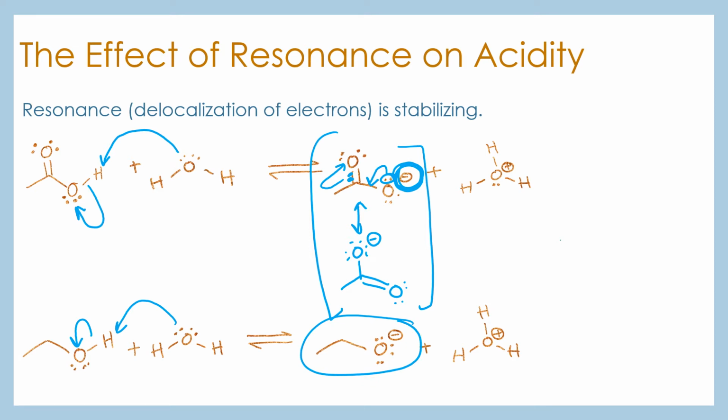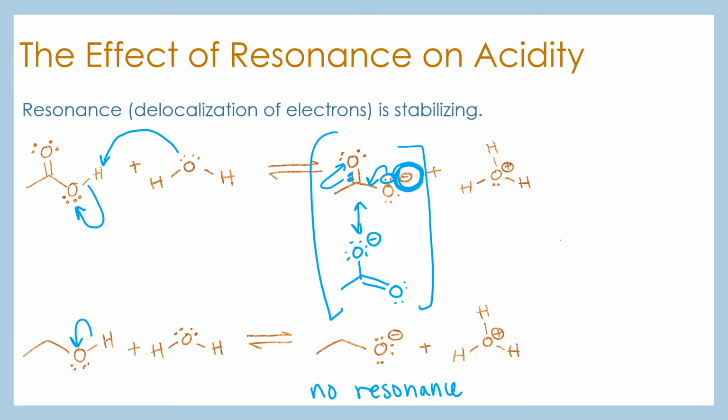And ethoxide does not have any resonance forms, and therefore there is nothing to help stabilize it. That doesn't mean that ethoxide is completely unstable and never ever going to form. You would just need a much stronger base to make that occur.